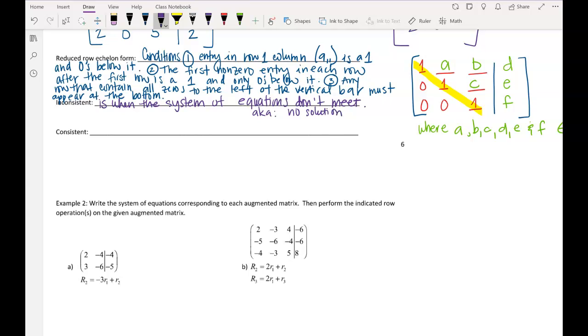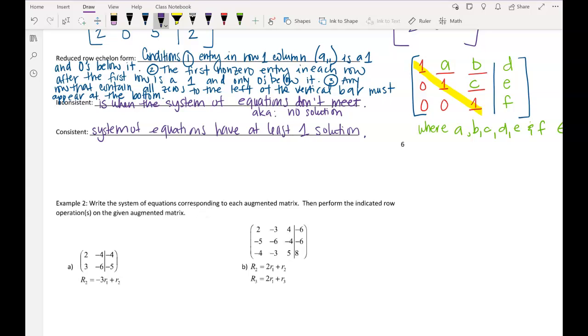Consistent is when the system of equations have at least one solution. Okay, so normally, guys, you have one solution or no solution or infinitely many solutions.